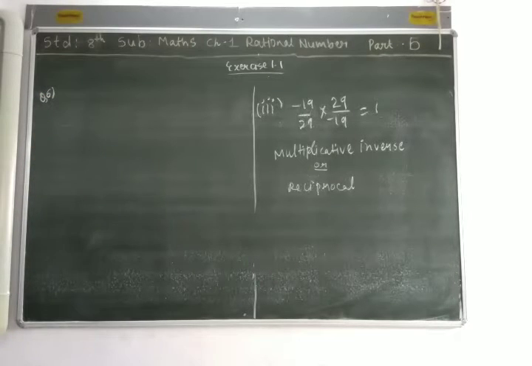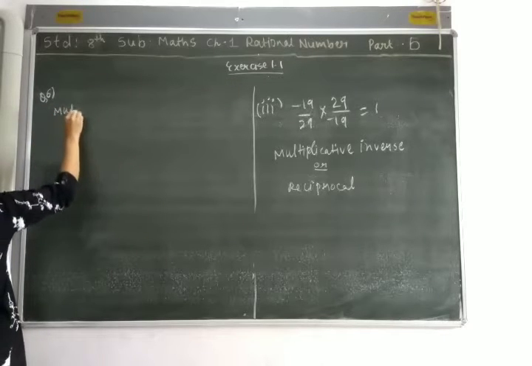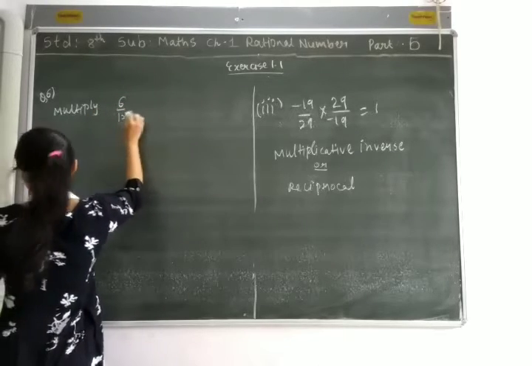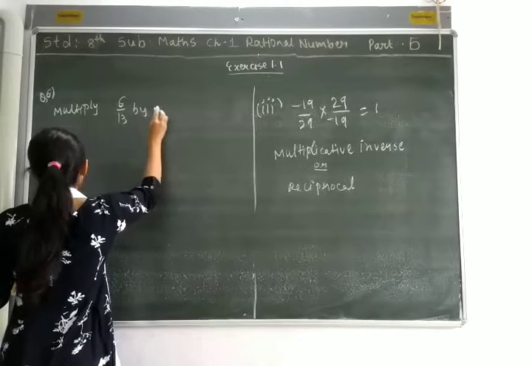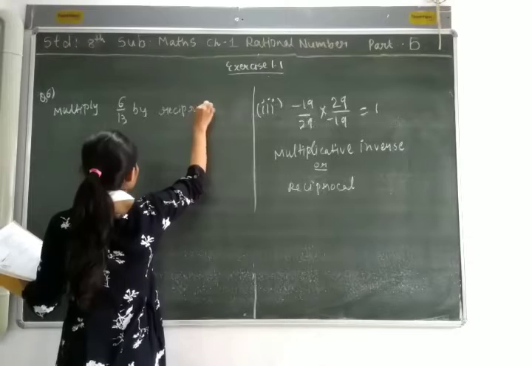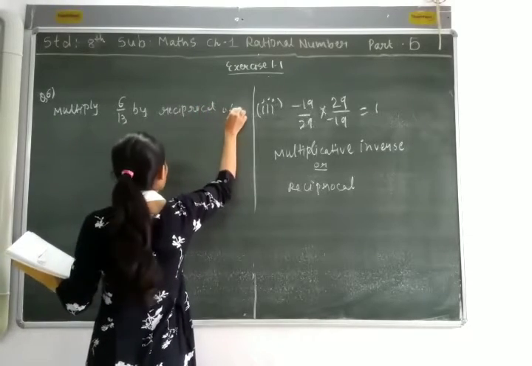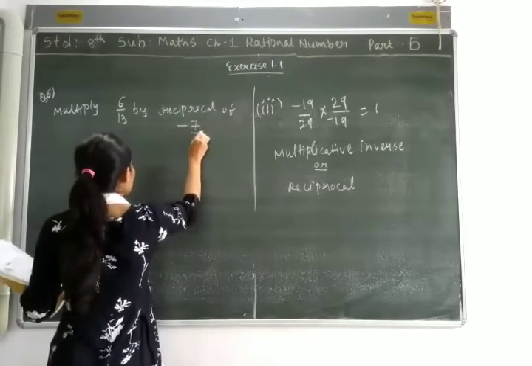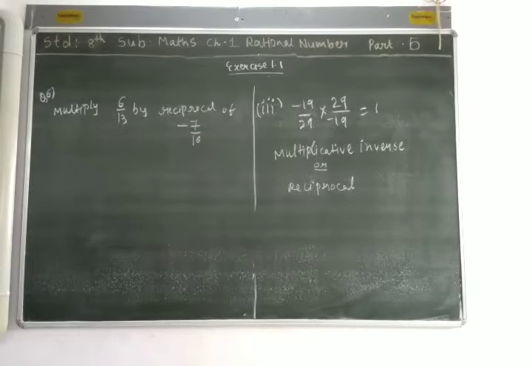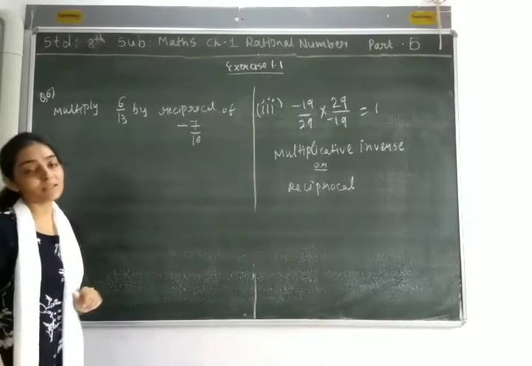Question number 6 says multiply 6 by 13 by the reciprocal of minus 7 upon 16. Observe the question. The question says multiply 6 upon 13 by the reciprocal of minus 7 upon 16.